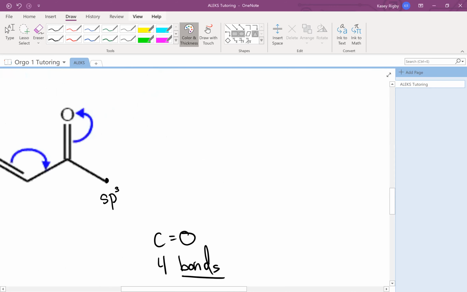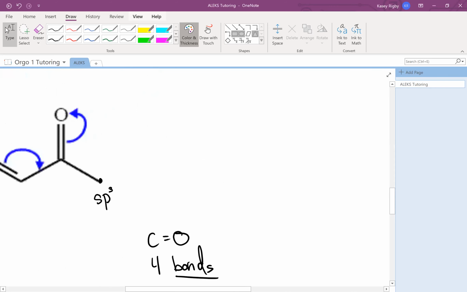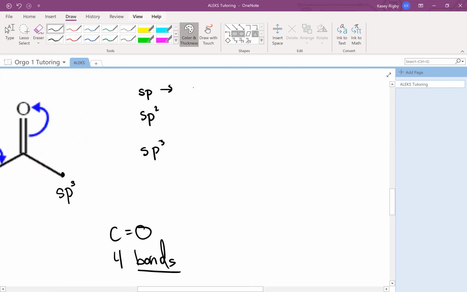Now, the way that I like to remember sp3 is that the amount of numbers that you have is the amount of electron groups that you have. So that might be confusing, but let's look at sp, sp2, sp3. For sp, we have 1 s and 1 p. That equals a total of 2. For sp2, we have 1 s and 2 p.